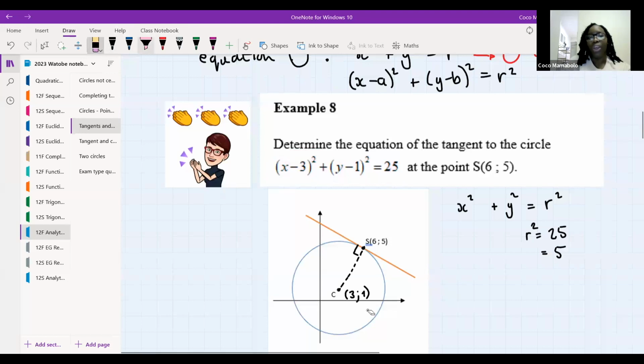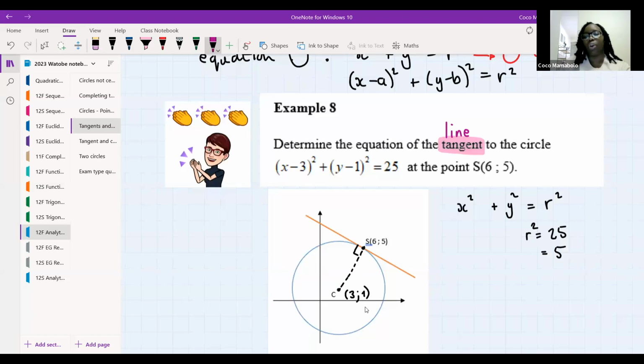Whenever they ask for the equation of the tangent, we always need to think of the tangent as a line. It's never just a point. The tangent is always a line.